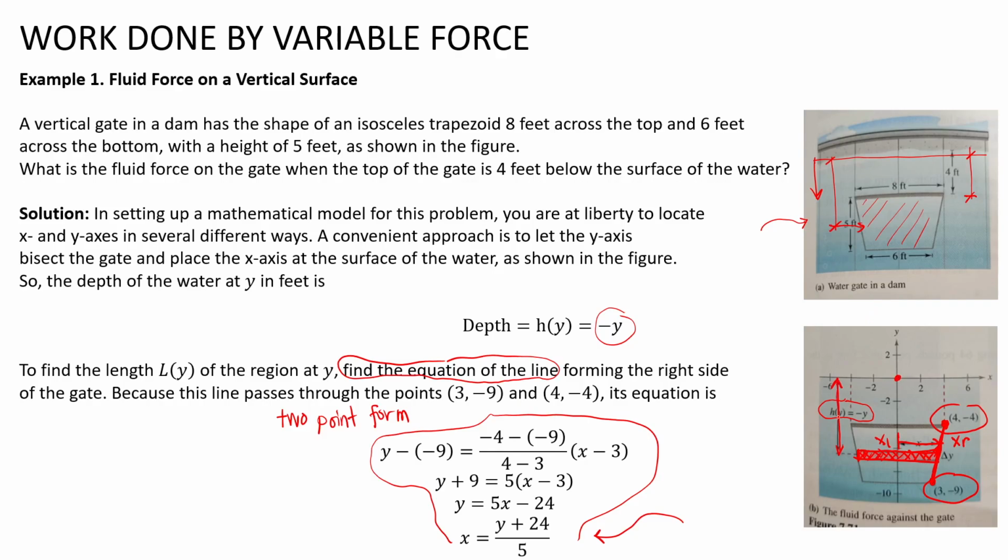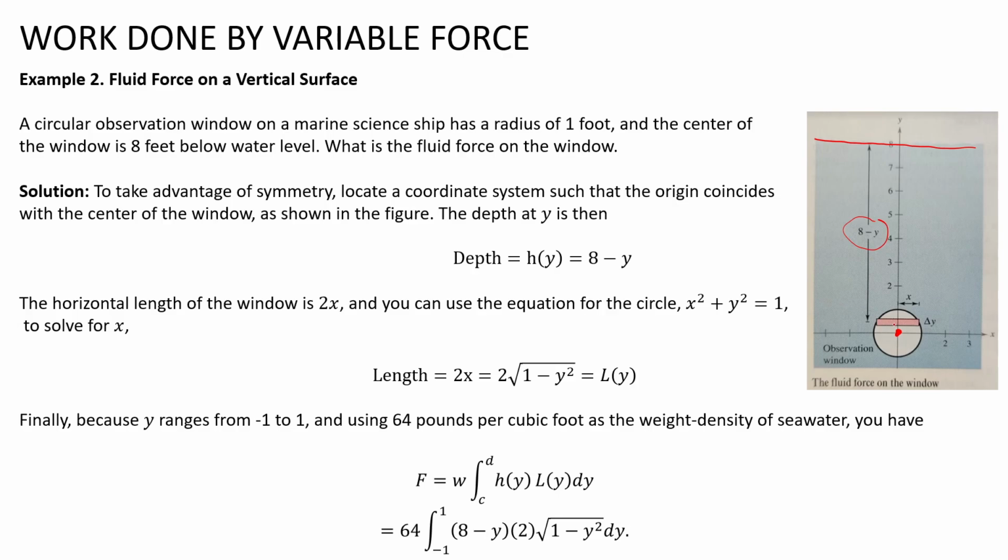So that's why going towards the bottom part of the differential strip it's negative y only because it's coming from 0. So here, our origin is at the center of the circle. So moving towards the vertical surface of the water, that's 8 units. So going downwards, that will be 8 minus y units going towards the differential strip.